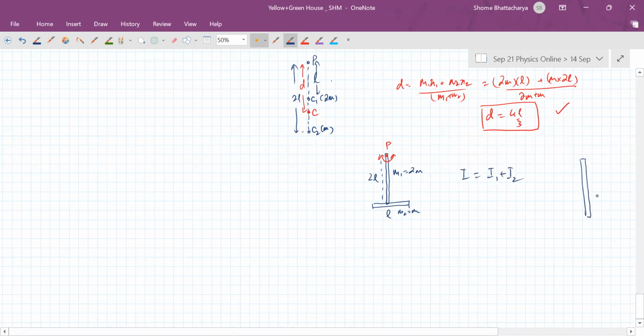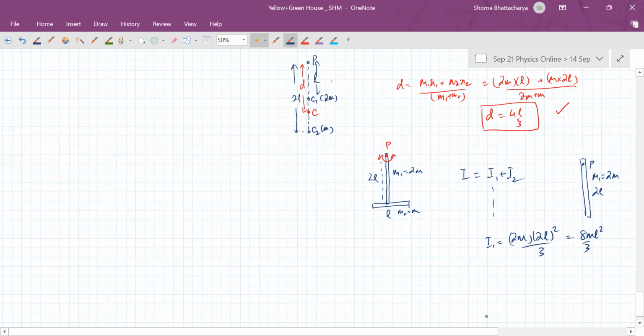So the first thing is just like this. It's 2m. So this I1 will become ml square by 3, but so 8 by 3 ml square.